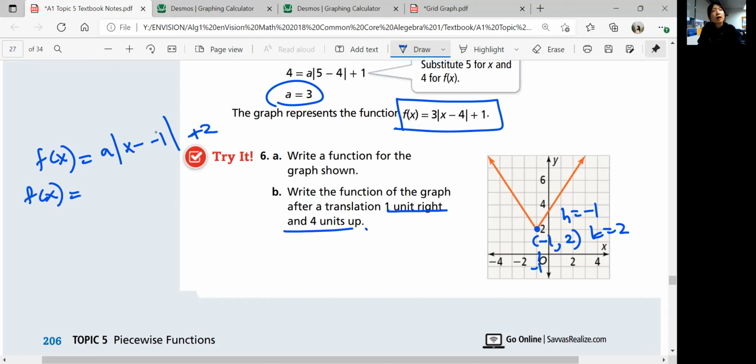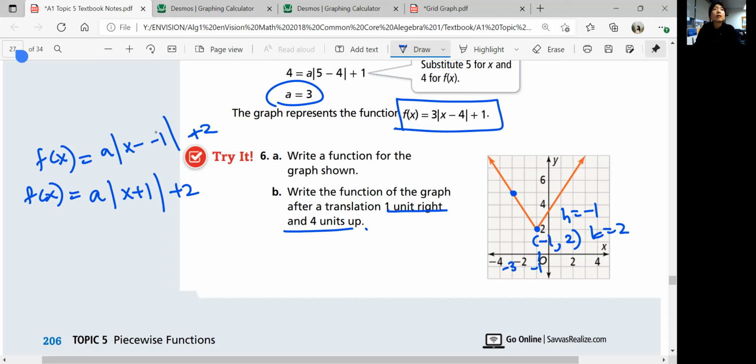So let's simplify to a times absolute value of x plus 1, plus 2. And then we need to figure out a. We're not done. Okay, so pick a good point. What's a good point? Maybe this one. Okay, this one seems nice.